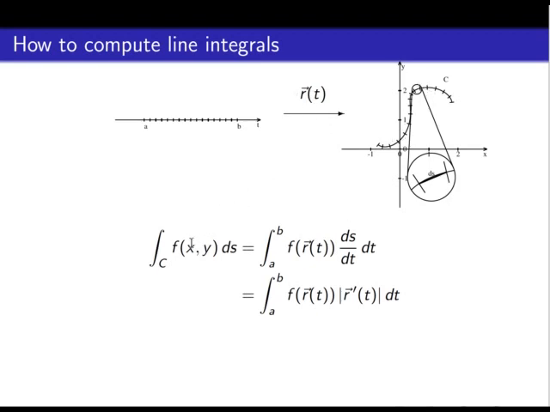Just say what is x in terms of t, what is y in terms of t, and that'll tell you for each of these things what the actual value of f will be, times ds, but I want to turn it into an integral on dt, so I have to write ds/dt times dt to make it that. ds/dt is the length of r prime. So I just take the derivative of this, take the magnitude, stick it in there, and now I've got an integral on t, an ordinary definite integral.